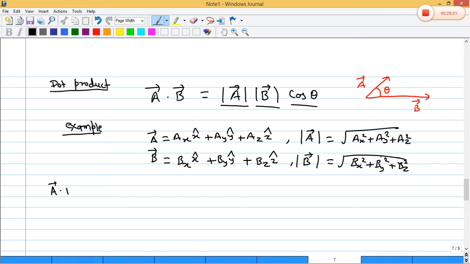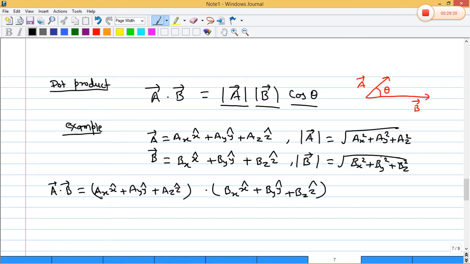So A dot B is nothing but ax x cap plus ay y cap plus az z cap, multiplied by dot product with bx x cap plus by y cap plus bz z cap.